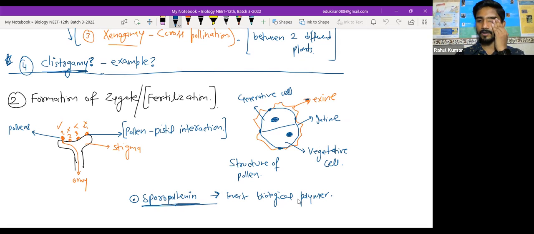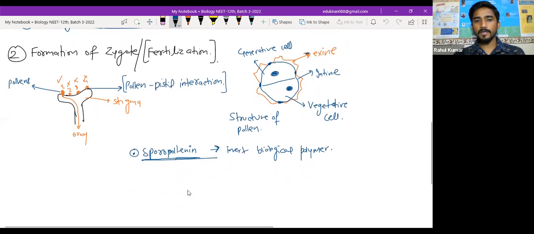It is an inert biological polymer, which is a major component of the outer wall of the pollen, which is exine. When you are done, let me know. I'll go with the pollen tube then.